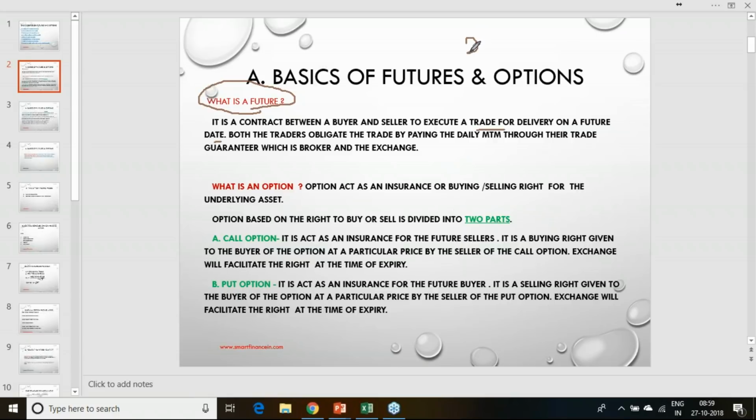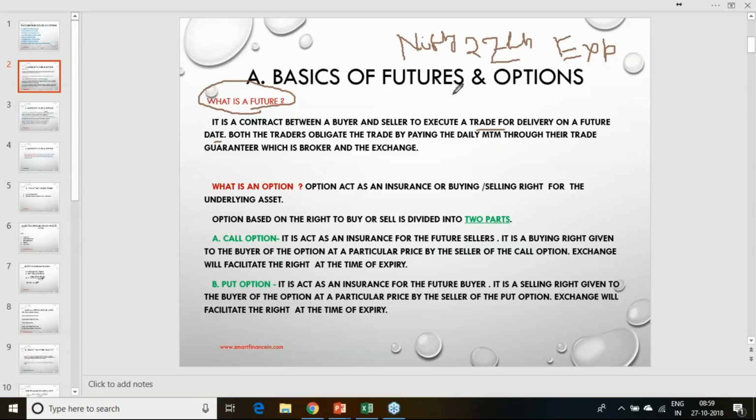Whenever you are buying 27th expiry Nifty, it means somebody has sold it to you, and only then can you buy it. Once you buy this Nifty on the 27th expiry date, it should be delivered to you, and the person who sold it will give you the Nifty at the predefined price.